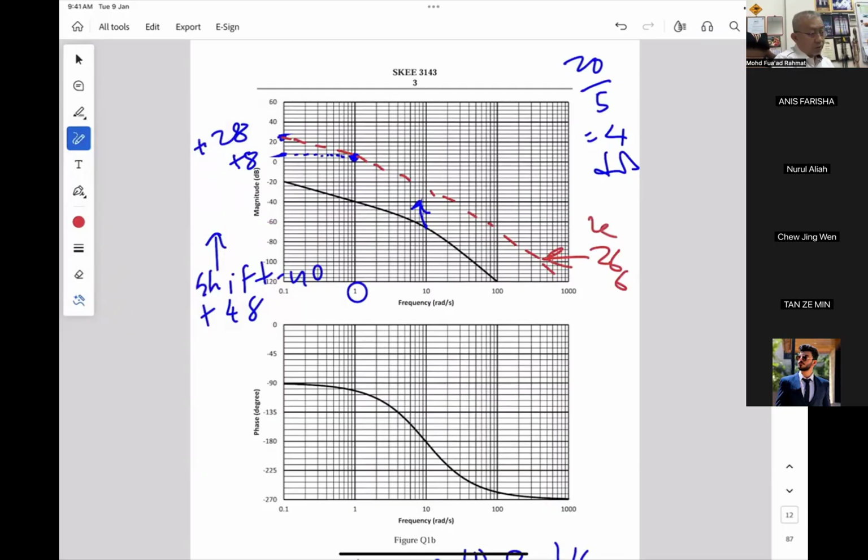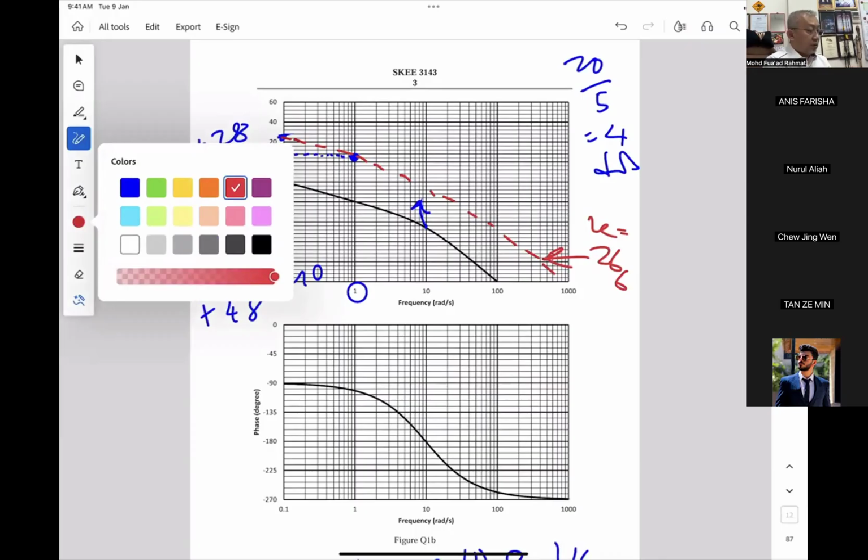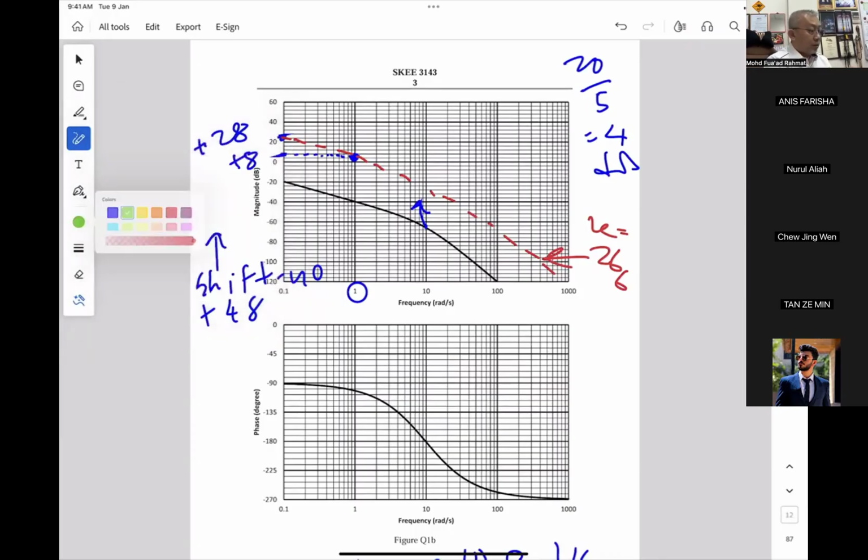Okay. So if I use the hard copy of the workload, the line will be cut at 2.5.